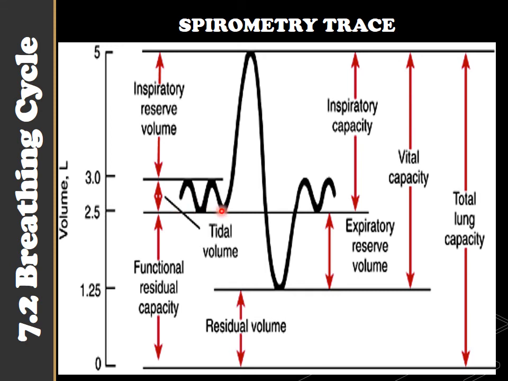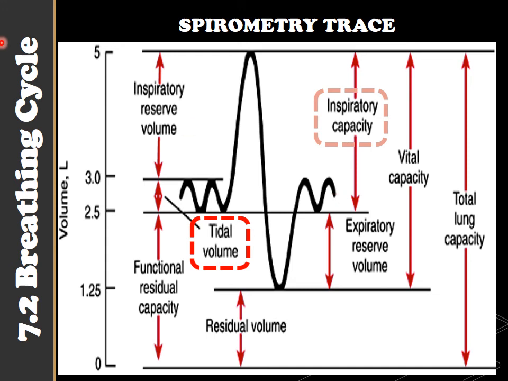So for the tidal volume, from 2.5 liters it goes up to 3 liters. That means the tidal volume itself is 3.0 minus 2.5, that makes 0.5 liters. Now this part of the graph, you are taking a deep breath. So the graph goes up to 5 liters. So from the base right up to 5 liters, this is actually the inspiratory capacity.